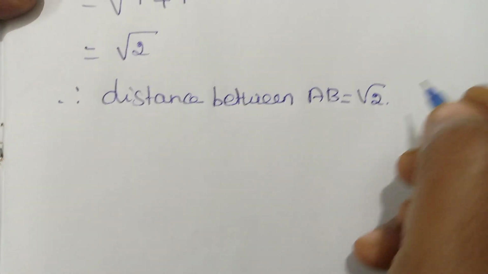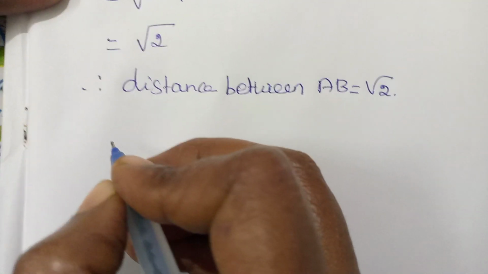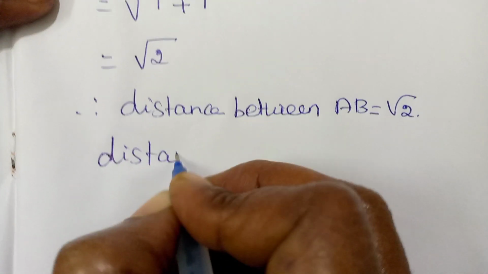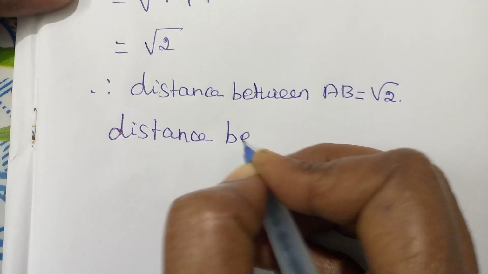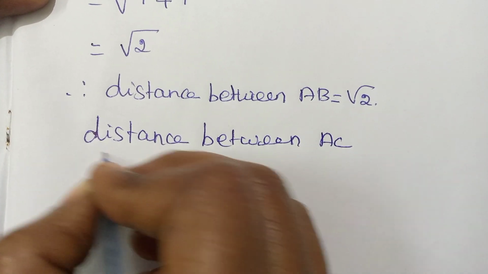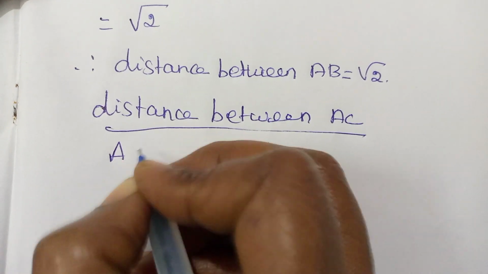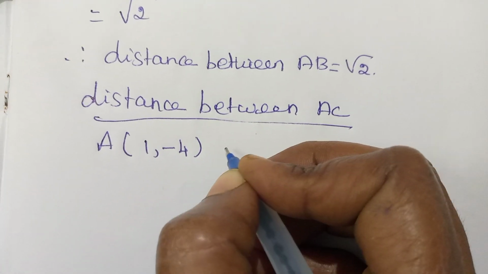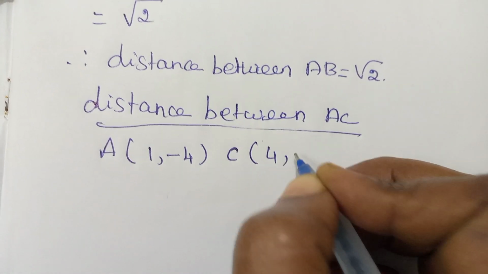Okay. Let us find the distance between AC. Distance between AC. Here we have to use A of 1 comma minus 4 and C of 4 comma minus 7.